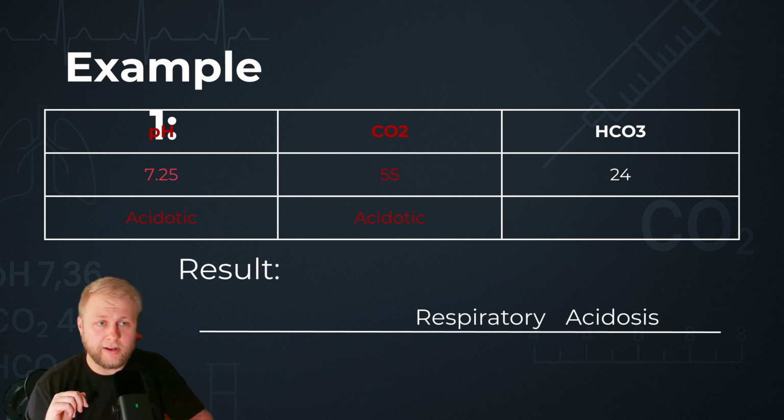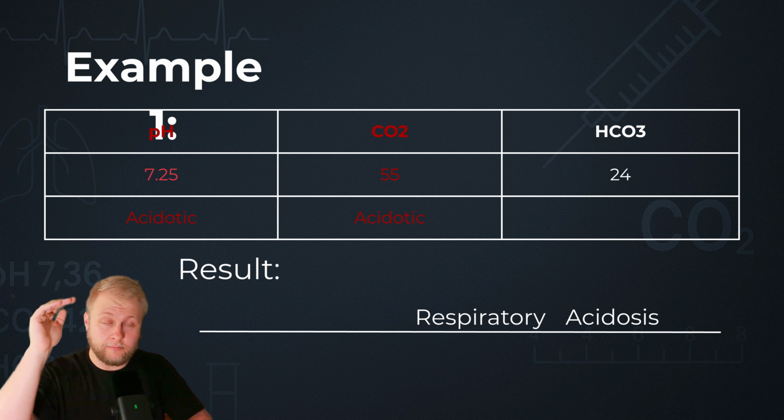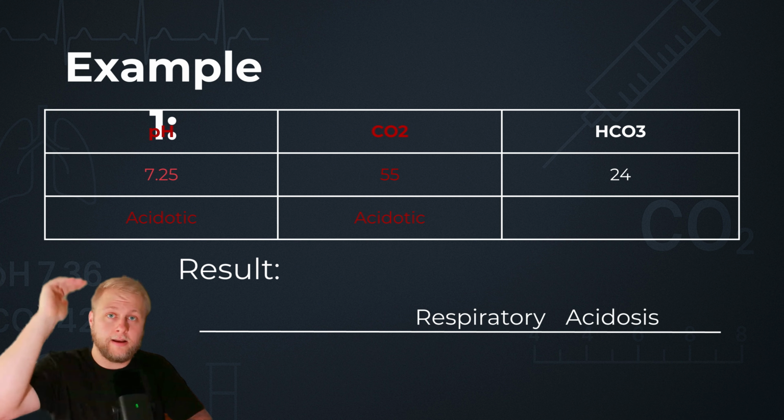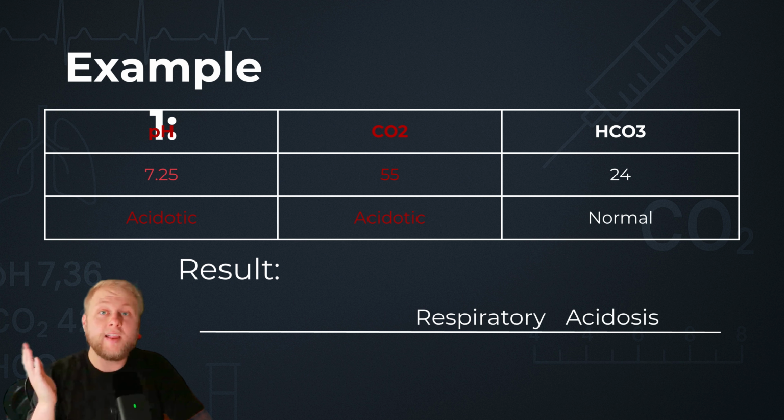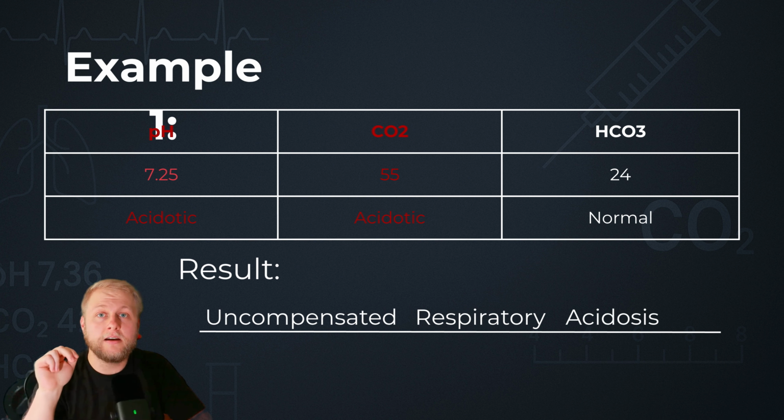Now we look at our bicarb. Acidotic, alkalotic, normal. 22 to 26 is 24. It's normal, okay? So let's put that all together. So I have one abnormal value and I have an abnormal pH. So that is uncompensated respiratory because the CO2, acidosis because the pH is low, okay? Uncompensated being the bicarb is within normal limits.